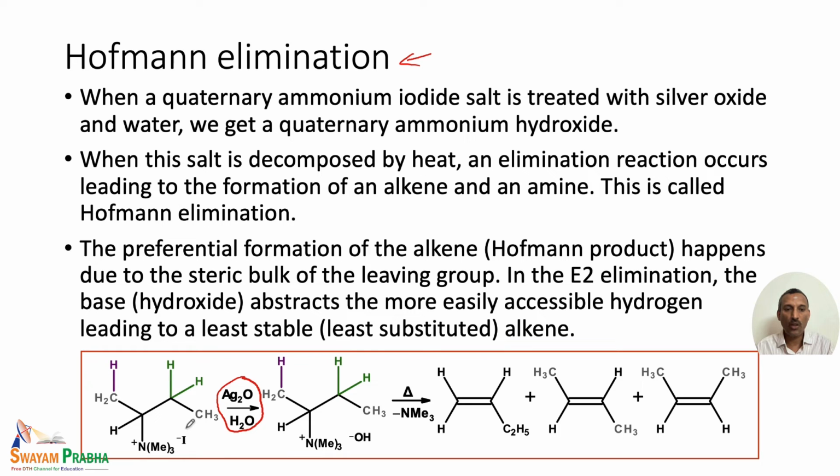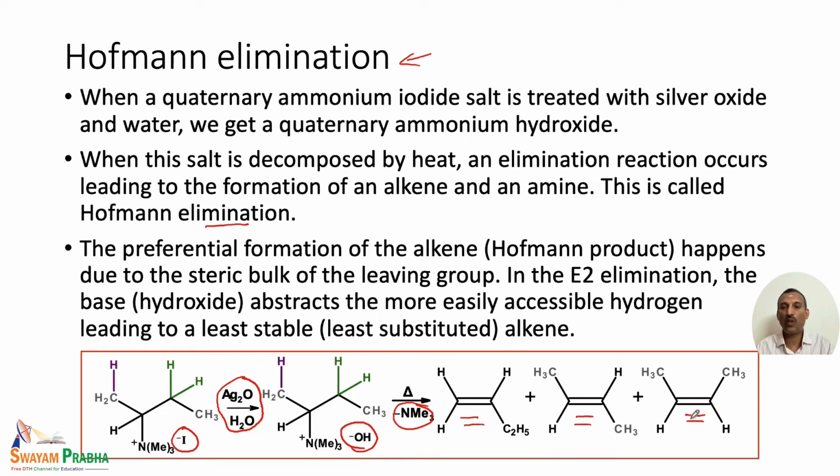So, the iodide anion is replaced by the hydroxide anion, and this on heating produces alkenes. This is what is called Hofmann elimination. Some groups are lost, namely the nitrogen unit, which is lost as NMe3, as shown here. This is an elimination reaction, and during this process we end up with alkene derivatives.